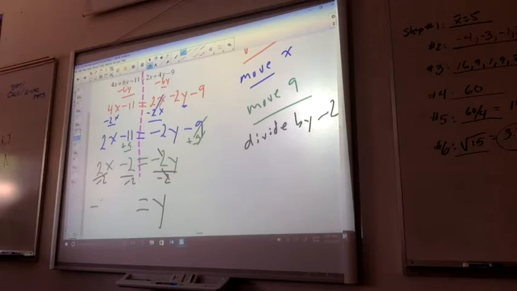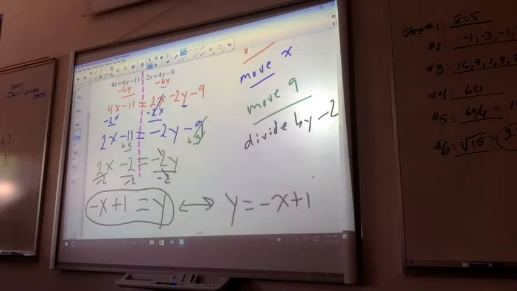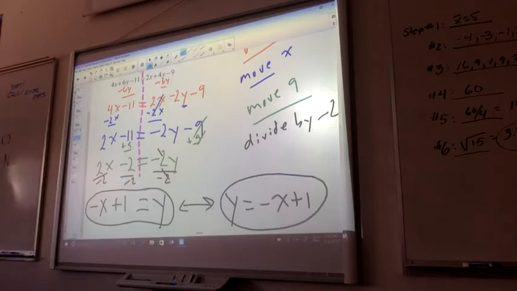Negative x or negative 1, right? And what does this reduce to? Positive 1, good. Do I have y by itself? Is that what they'd asked us to do? So I could keep it like that, or I could make it like this, keeping all the signs. It's your choice again, whichever way you'd like to do it. I just wanted to go through it slow enough that we feel comfortable.